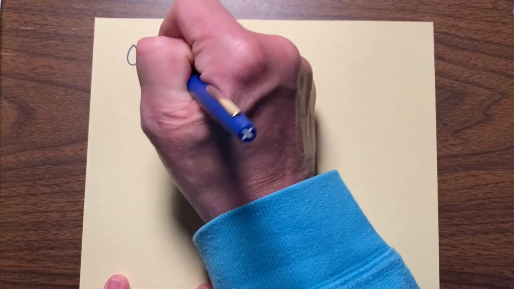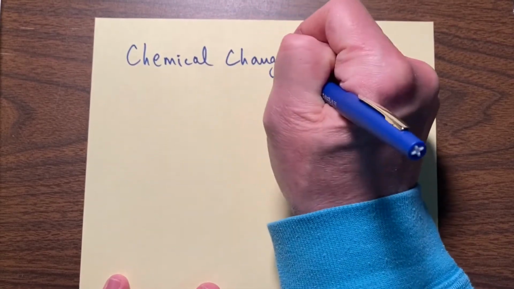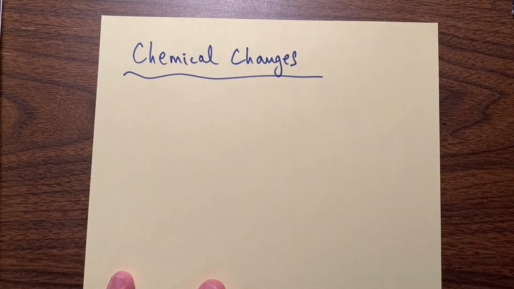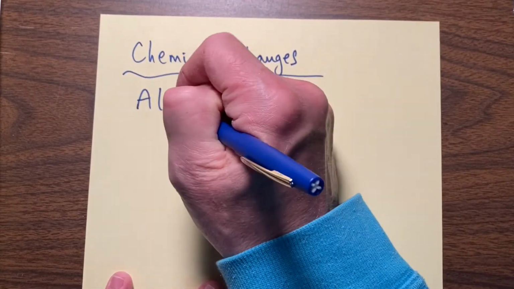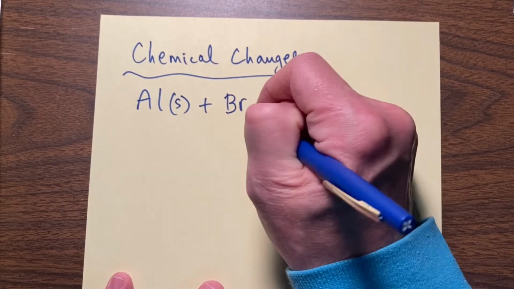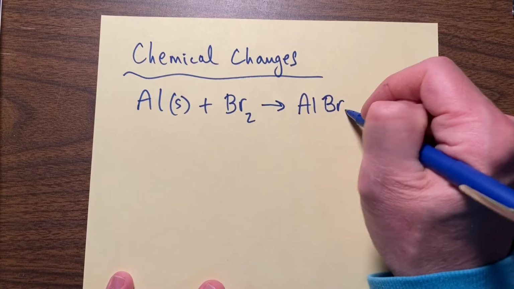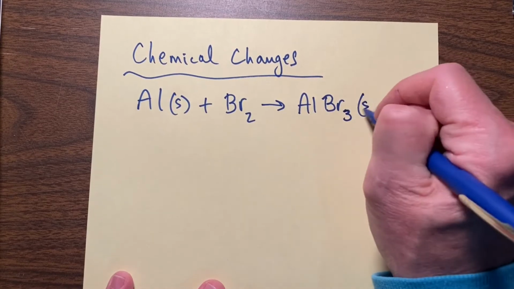Now, chemical changes are maybe harder to see or predict sometimes. But again, the video I'll show you probably right now can be written like this. You take aluminum and bromine and you make a new compound called aluminum bromide, which is a solid.